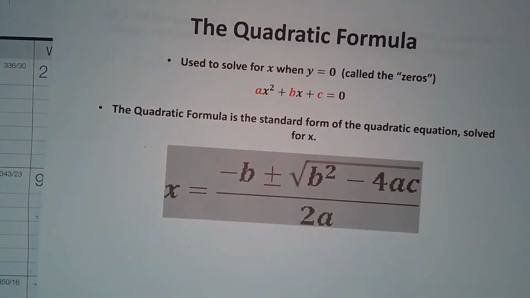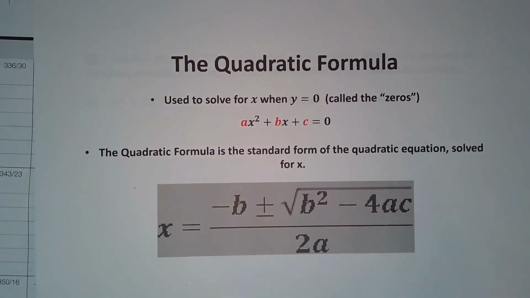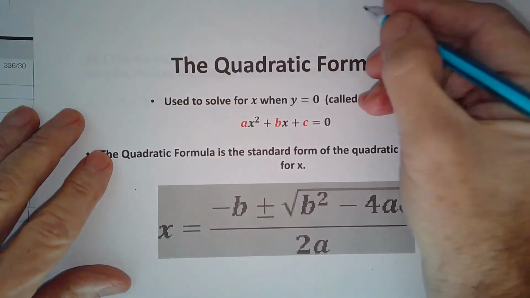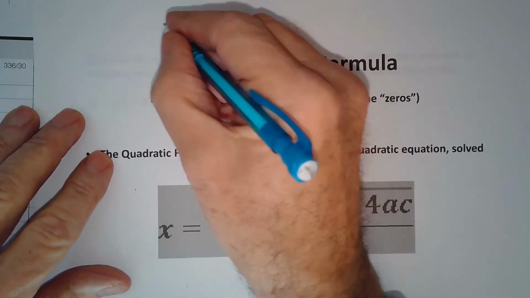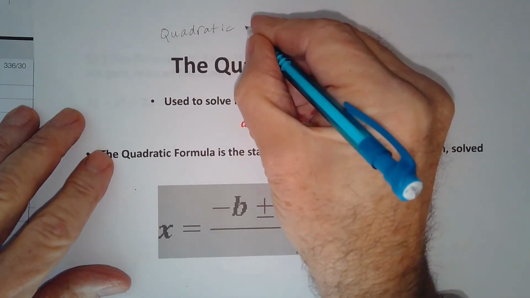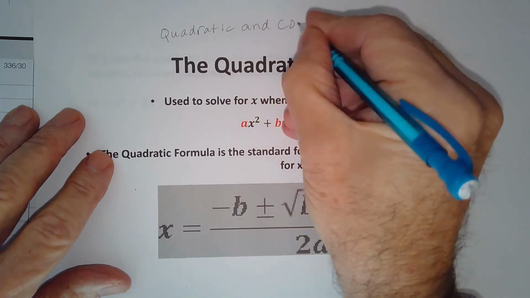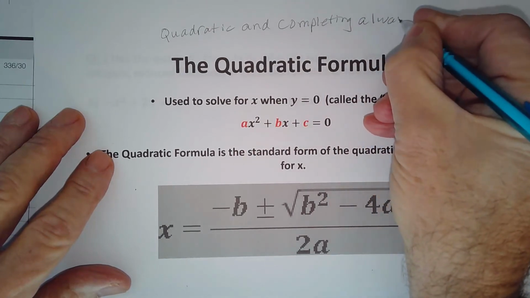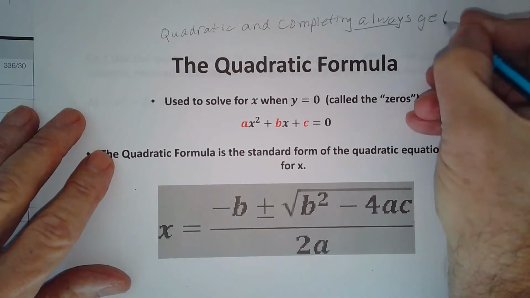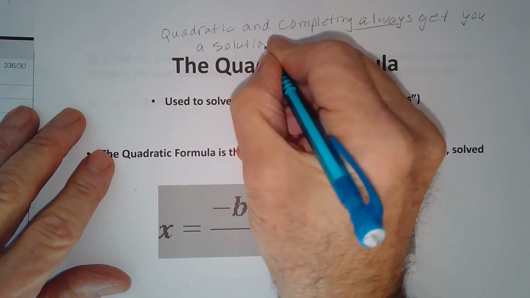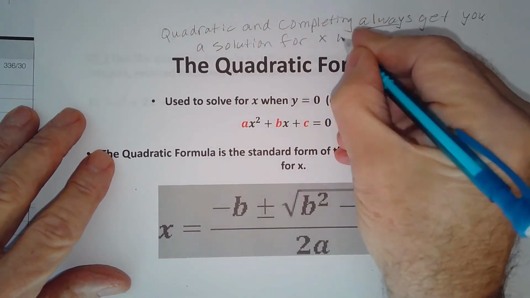This, ladies and gentlemen, is the quadratic formula. And the quadratic formula and completing the square always get you a solution for x when y equals 0.